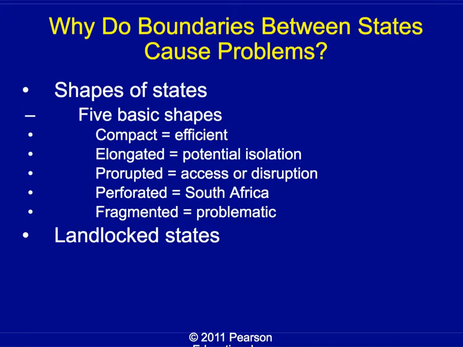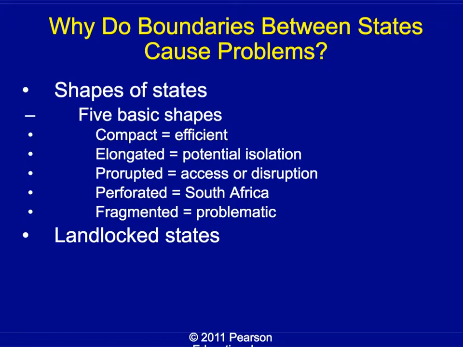I'm sure everybody knows about Italy. It looks like a boot, and it's very long and narrow. Chile goes all along the western coast of South America. Malawi and Gambia are both African countries, and you'll need to be looking at those as well. But you don't necessarily need to know exactly where they're at, except to know that they are elongated.